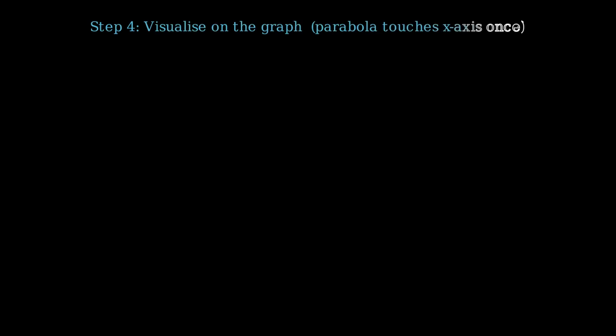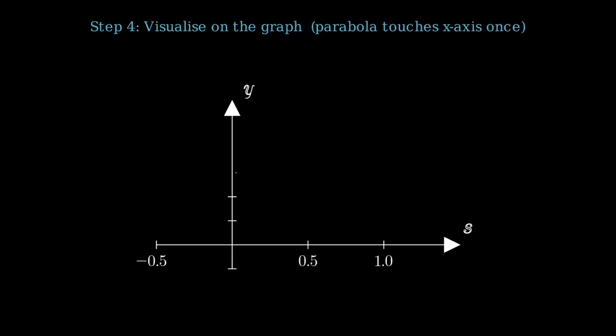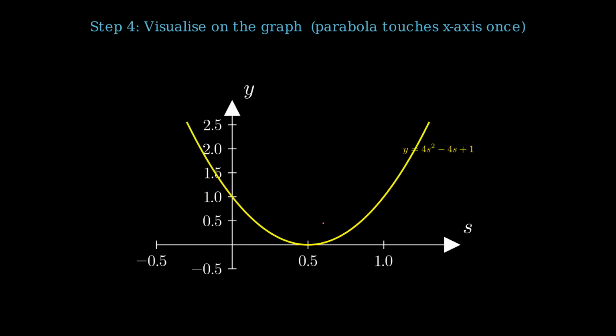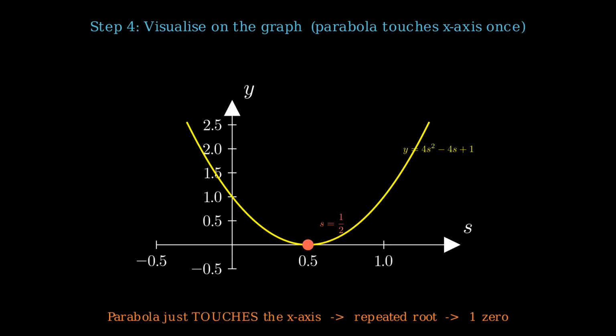Step 4. See the graph. The parabola y equals 4s squared minus 4s plus 1 opens upward and its vertex rests exactly on the s-axis at s equals 1/2. The parabola touches the axis at this single point and does not cross it. This confirms 1 repeated zero at s equals 1/2.